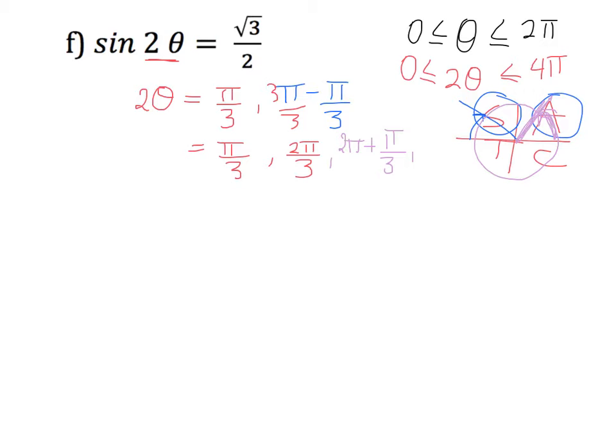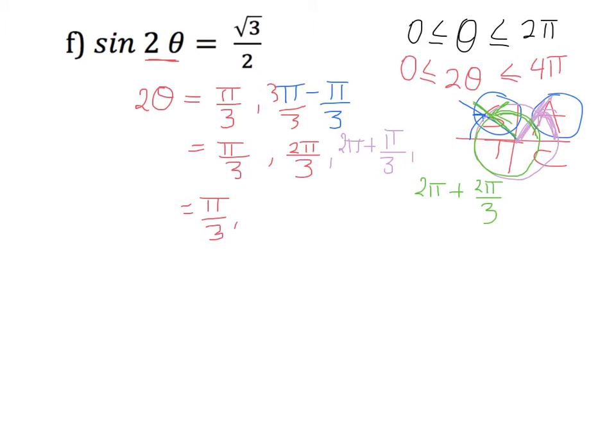And likewise, in our second quadrant there, we had our 2 pi on 3 was that angle there. That was from the positive direction of the x-axis going around there. That's 2 pi on 3. And we want to add another 2 pi. So that's going to be 2 pi plus our 2 pi on 3. That will give us our 4 angles. So let's just work out what they are first.